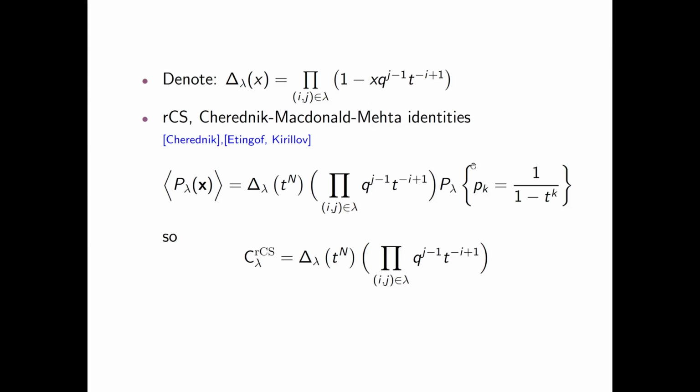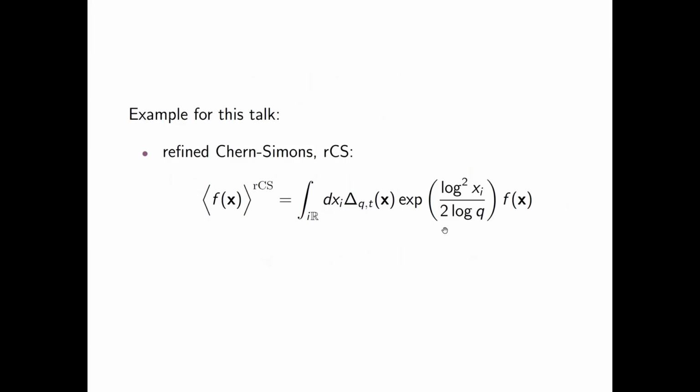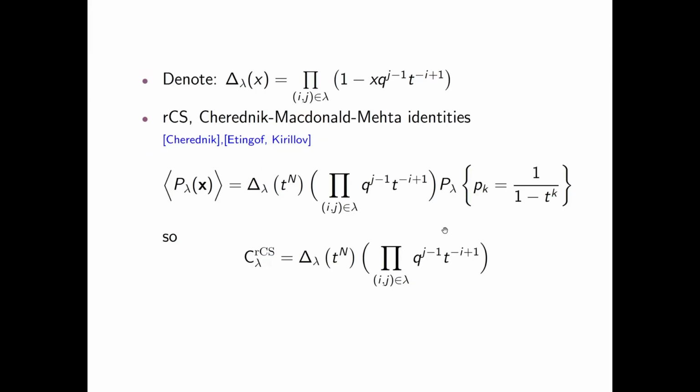So this form means that the C function is this delta of t to the n, and then this product over here. And this special point where these polynomials are evaluated is exactly 1 over 1 minus t to the k. So this integral over here has this nice property.